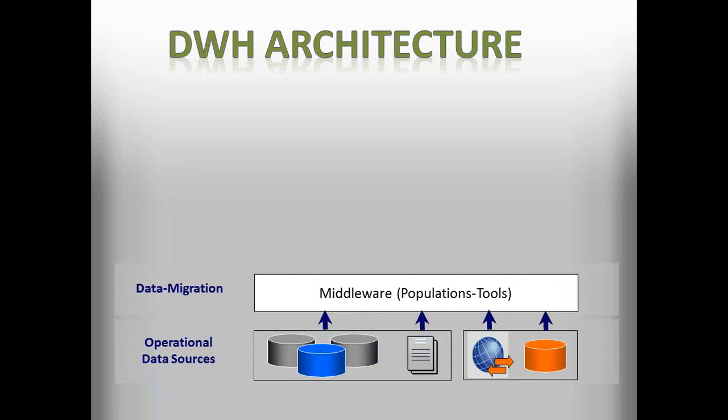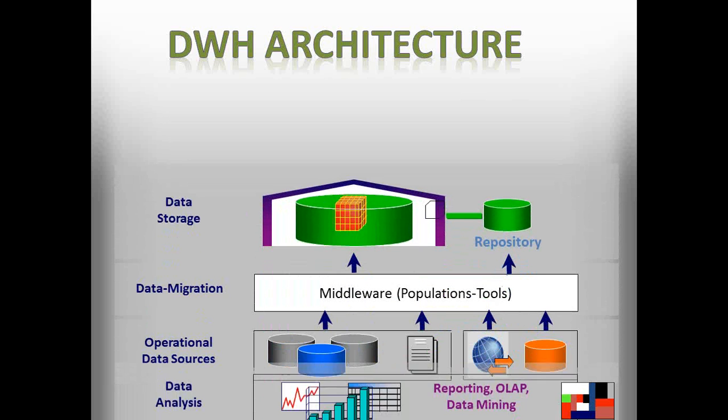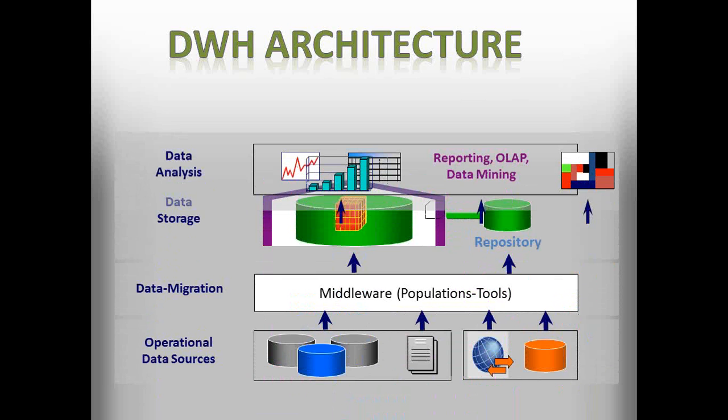In our case, SSIS as an ETL tool will be used for data migration from the source system to the data storage area, the data warehouse. Then the analysis tools for data analysis can be SSAS and SSRS. This is the simple architecture we use in a data warehouse.